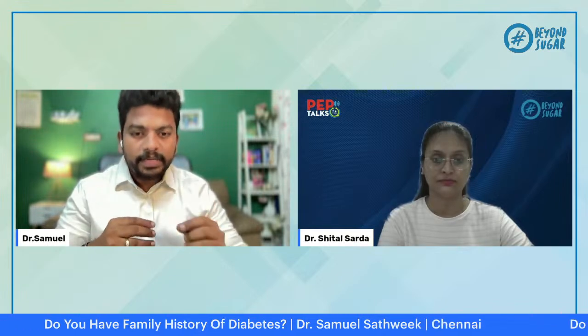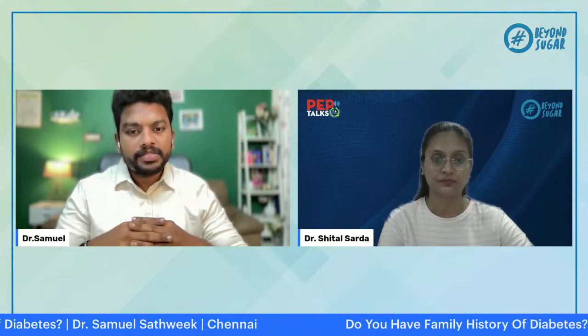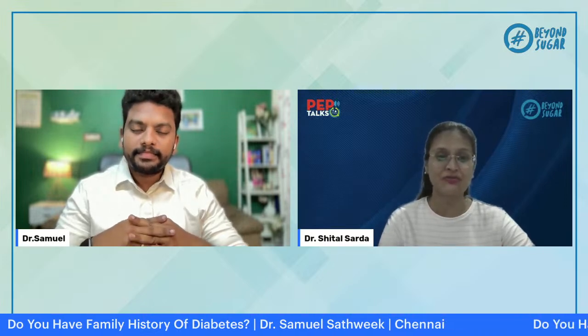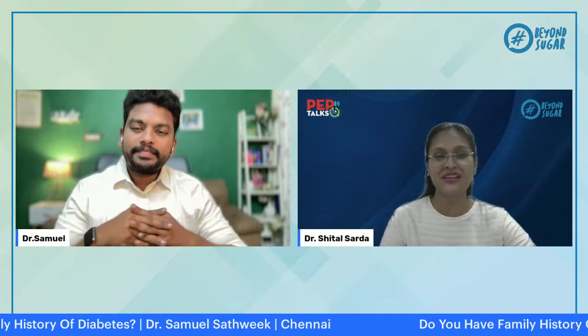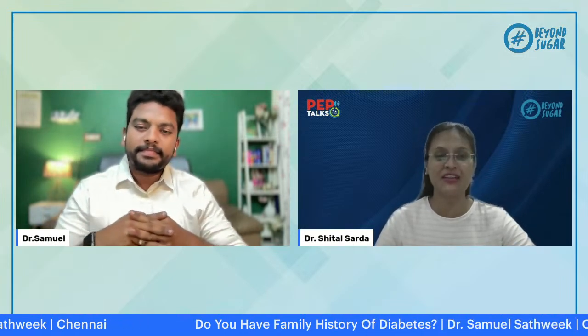So to simply answer your question, always look at the three-generation family history on both the mother's and father's side. Otherwise, we consider that only our parents do not have any history, and so we assume that we do not have any family history.